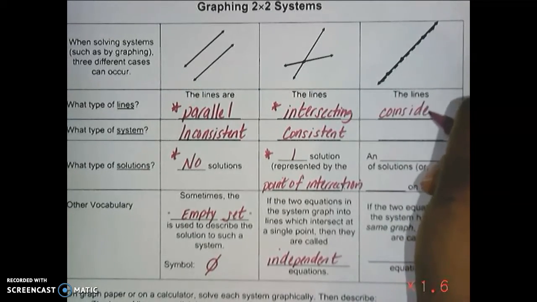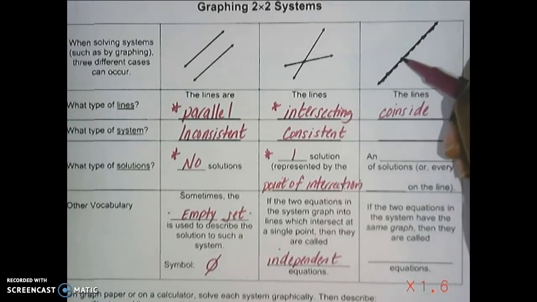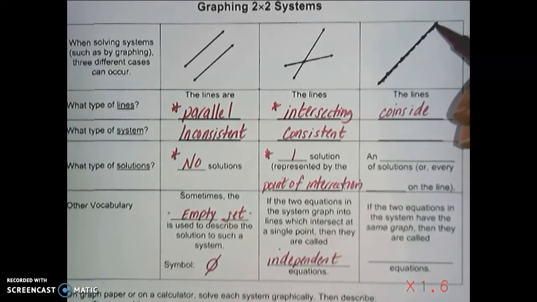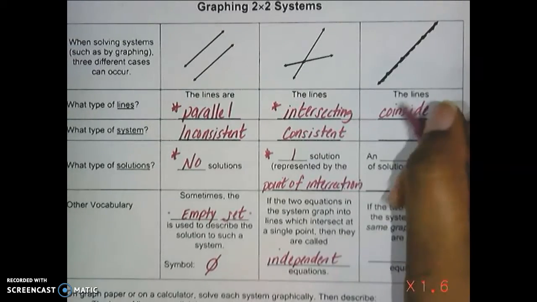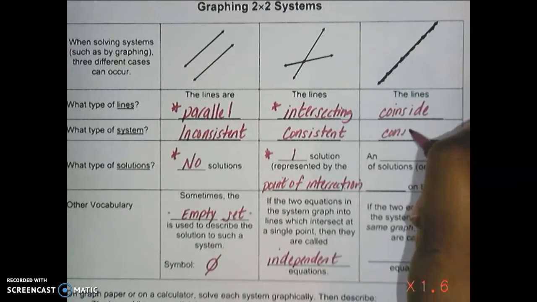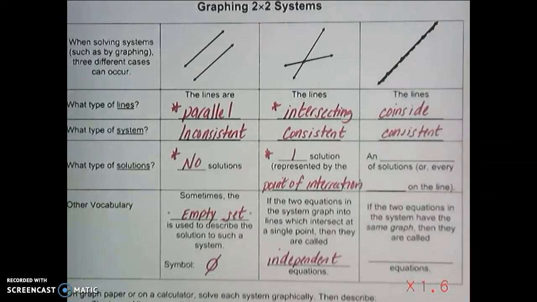Okay. Then, if you have lines that coincide, meaning, and Ms. Gable doesn't have a color printer, but meaning you have two lines and they are right on top of each other. One line is a solid line and the other line is a dashed line. They are the exact same line. Then they have a consistent set of solutions. And in this case, we would have an infinite number of solutions.